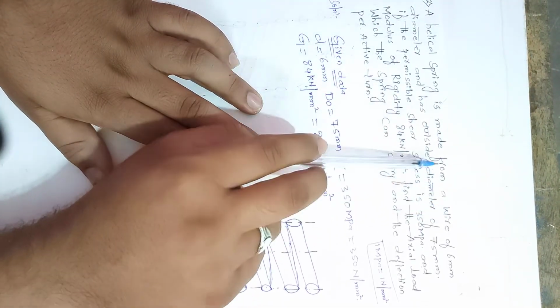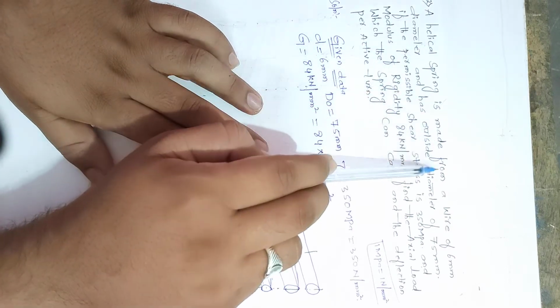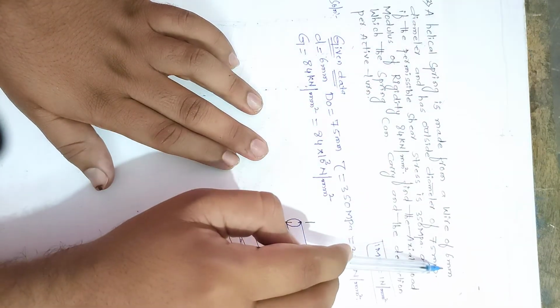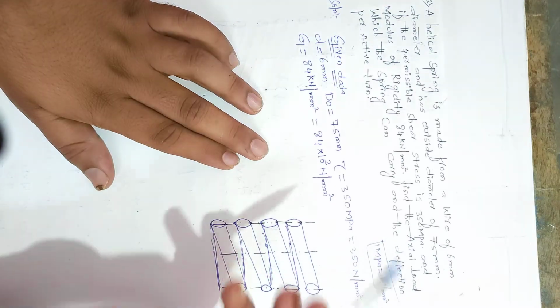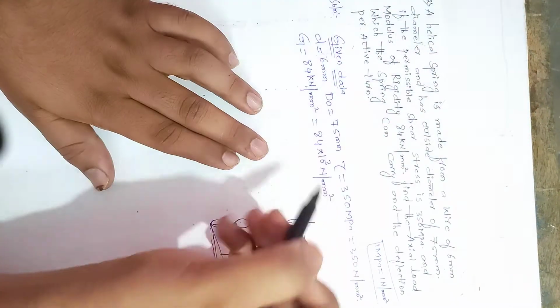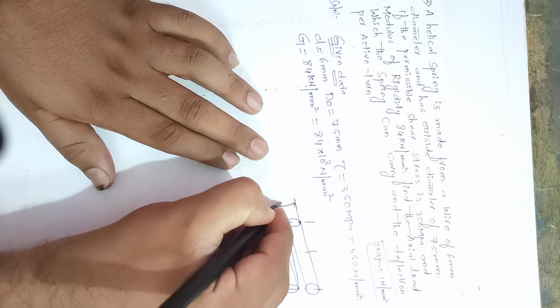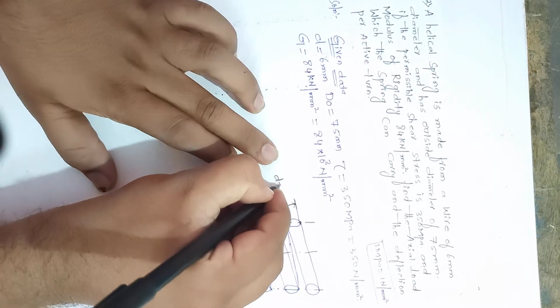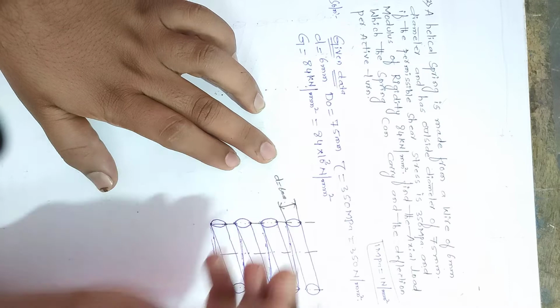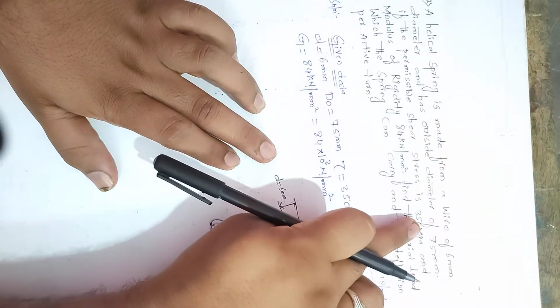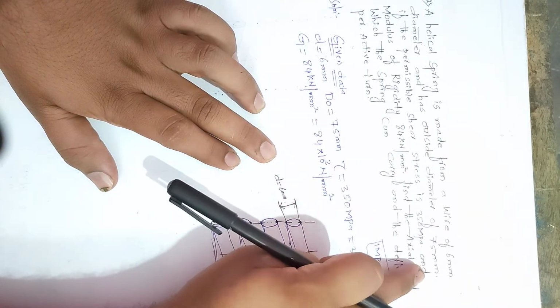In this case, the helical spring is made from a wire of 6 mm diameter. The diameter of this wire is represented by small d, which is 6, and the outside diameter is given as 75.